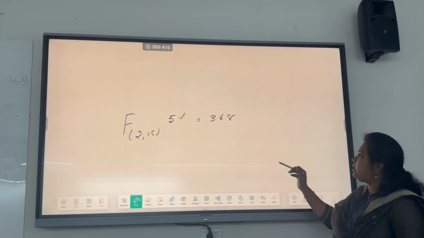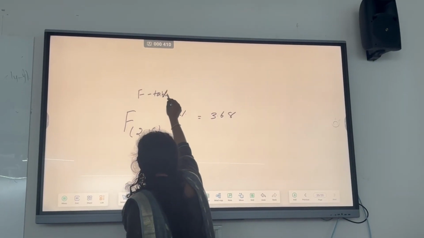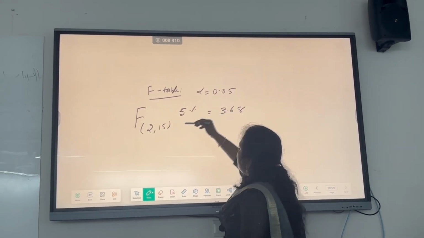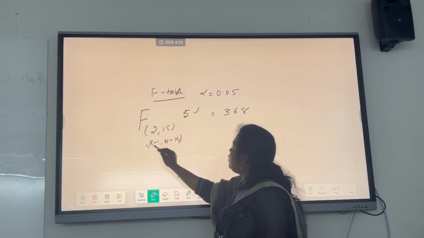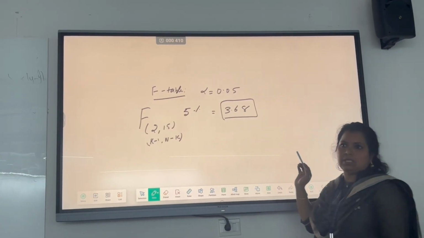Next, we will calculate the table value, F table, where alpha is 5%, 0.05, and the degrees of freedom are k minus 1, n minus k. If you look at the F table, you get the answer to be 3.68.